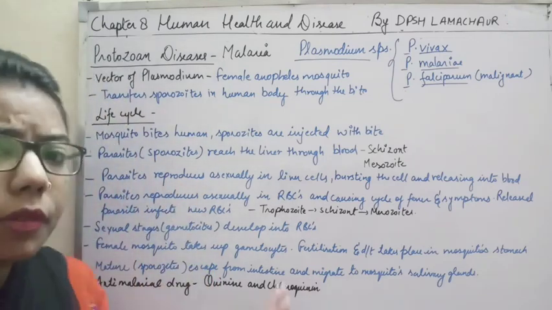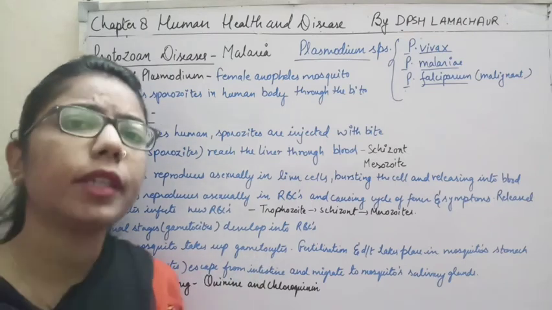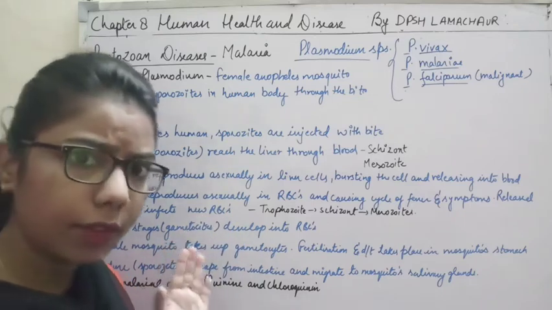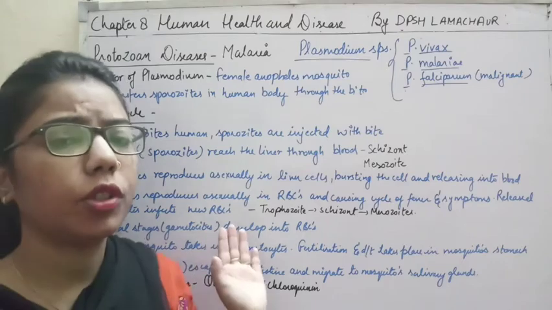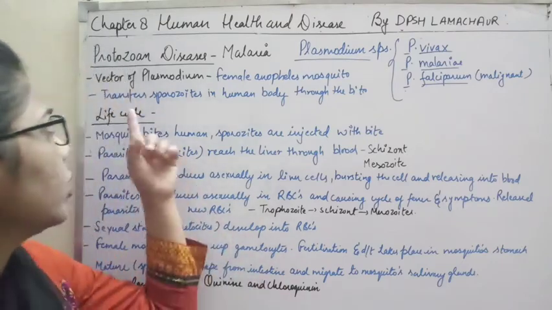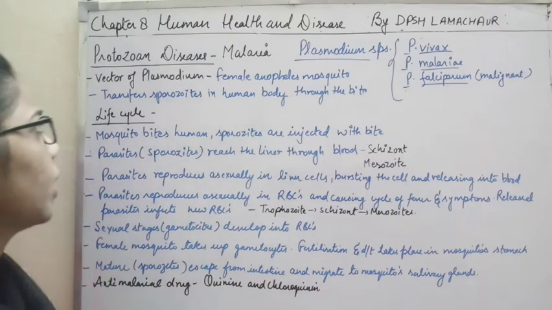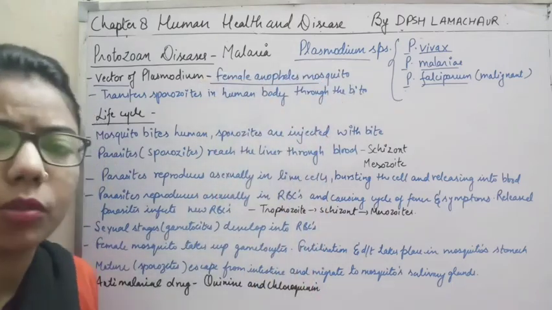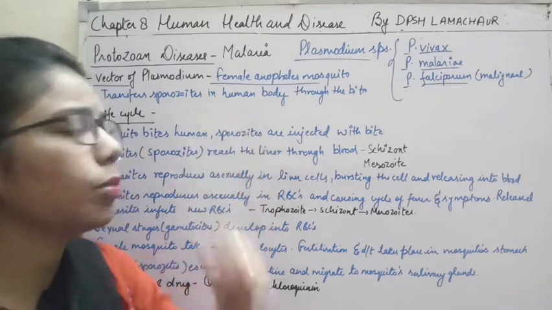Here we will understand how malaria is caused in human beings, and what takes this infection, the parasite, from one individual to another. If we talk about malaria, this disease is caused by a vector, the female Anopheles mosquito. No other human being is responsible. So who is responsible here?